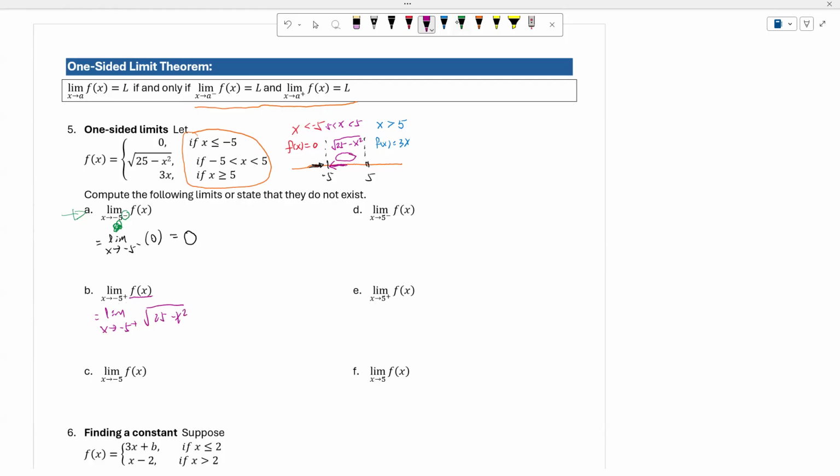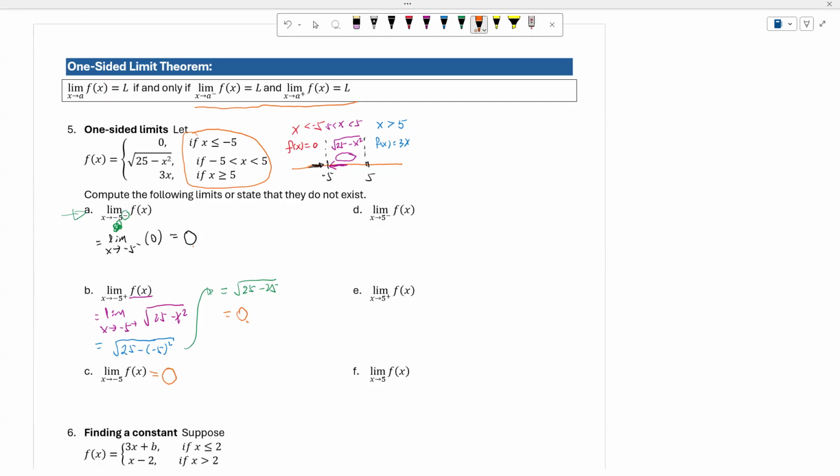Then direct substitution: I will have the square root of 25 minus (-5) squared, which is 25 minus 25, so it is equal to 0. From the left equal to 0, from the right equal to 0, so the limit exists, and the limit must be equal to 0.